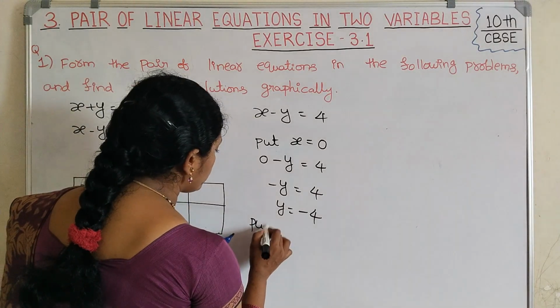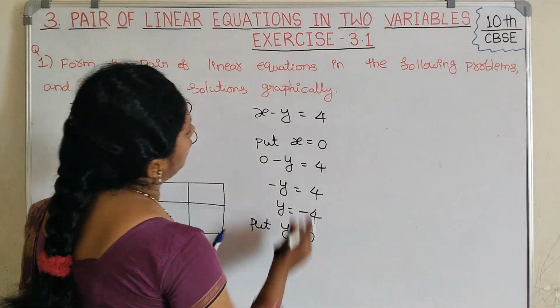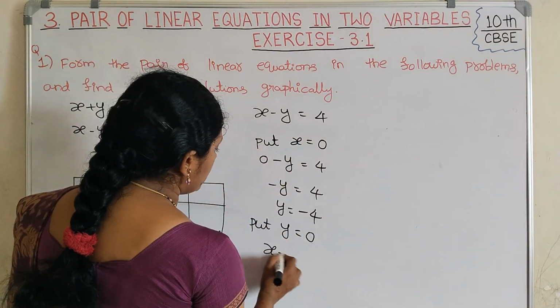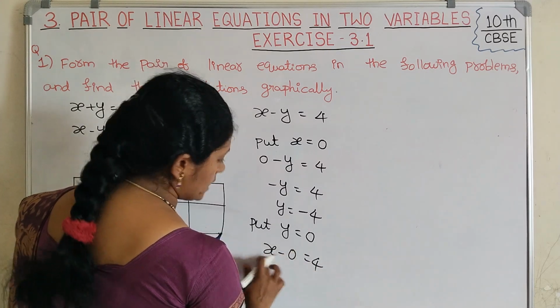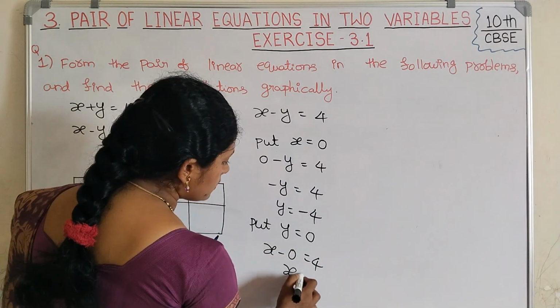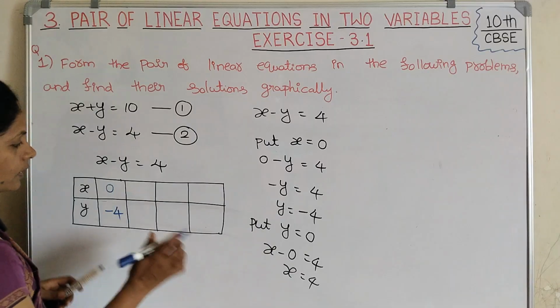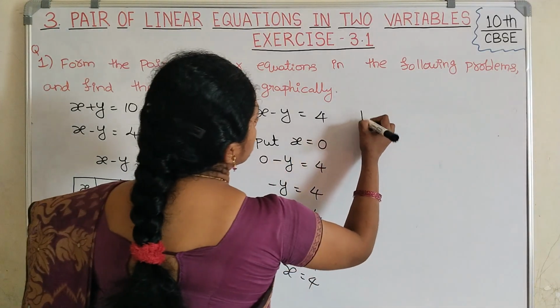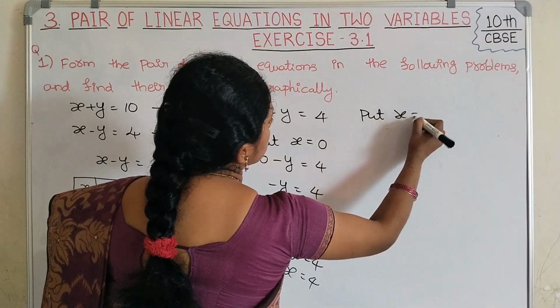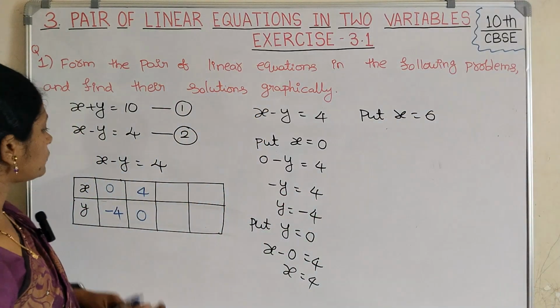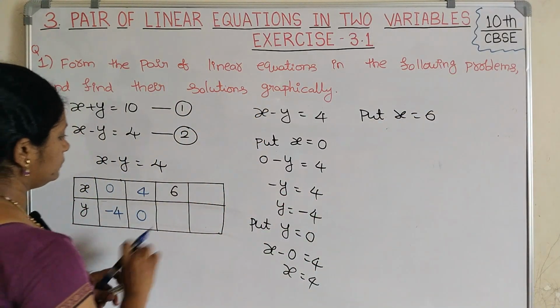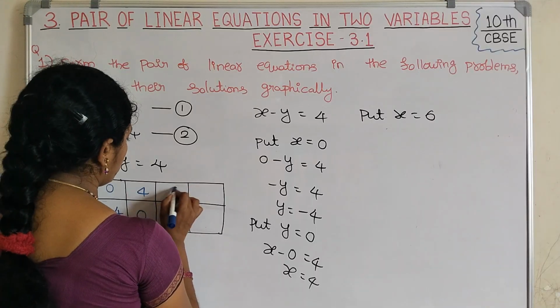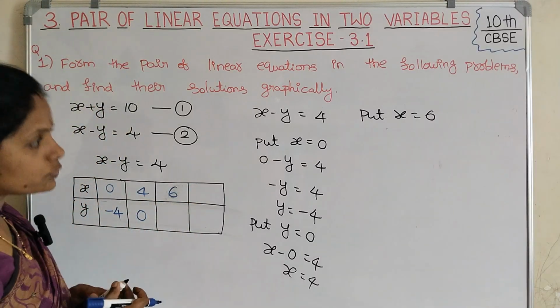Put y equals 0. If you put y equals 0, x minus 0 equals 4, so x equals 4 and y is 0. Next, put x equals 6.